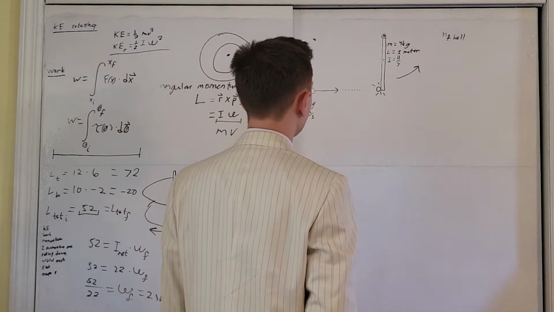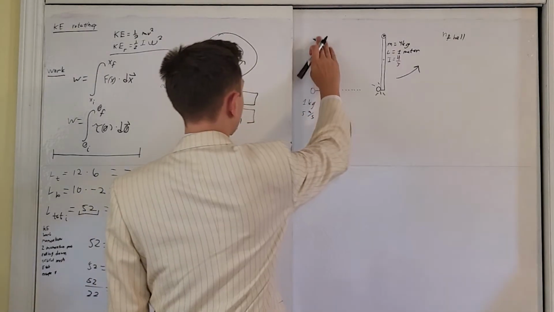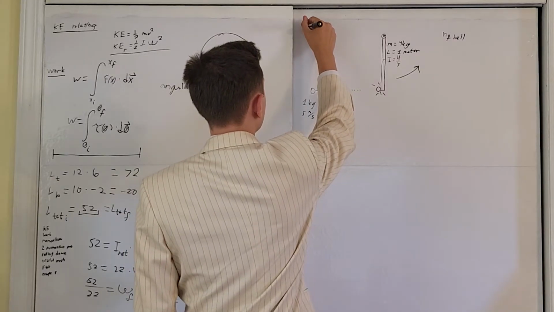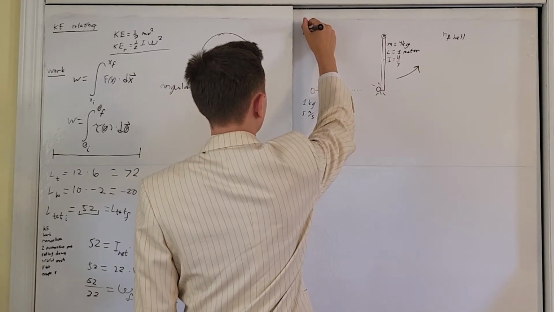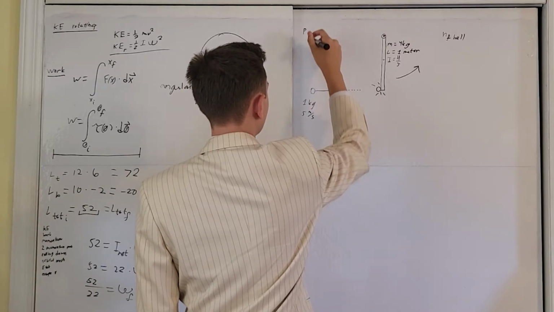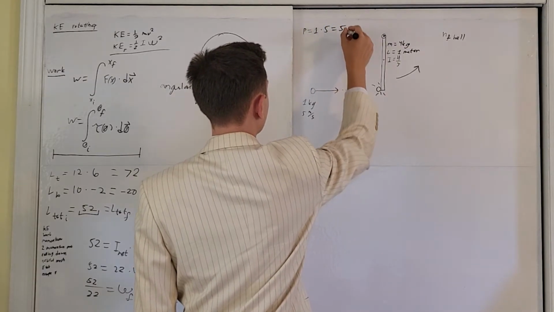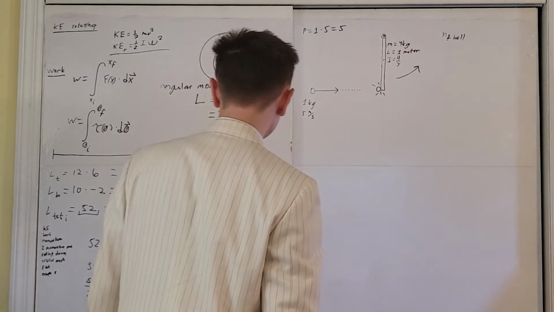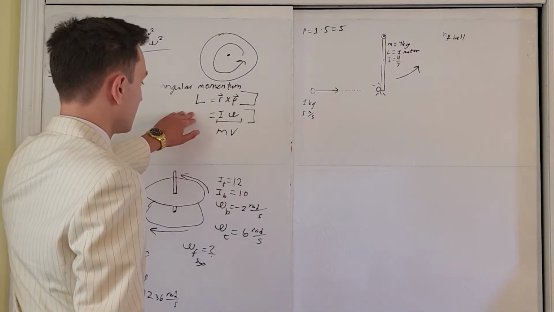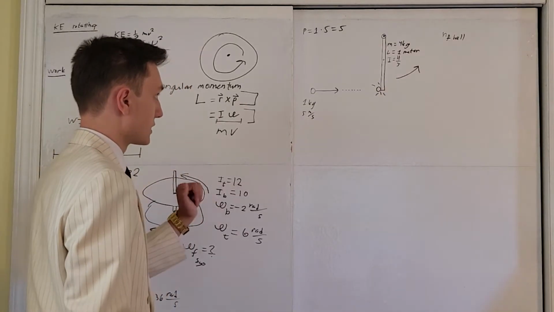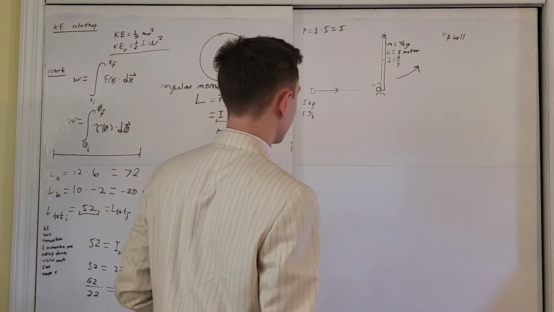So, first thing we got to do is employ conservation of momentum. The momentum of the ball is going to be mass times velocity, equals 1 times 5, equals 5. But we want angular momentum. We want to observe conservation of angular momentum because we're observing a rotating system.